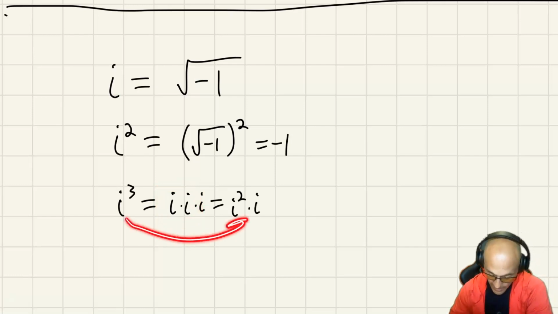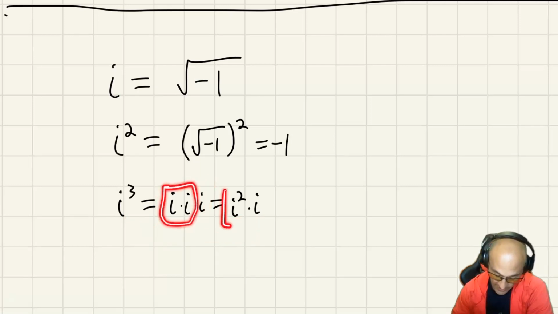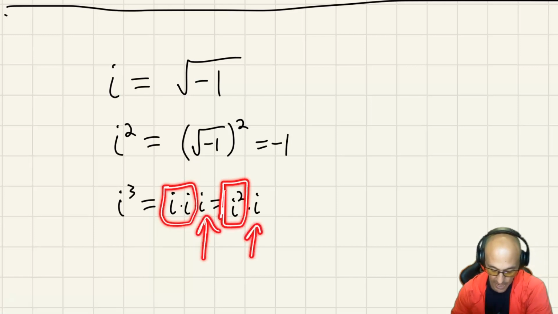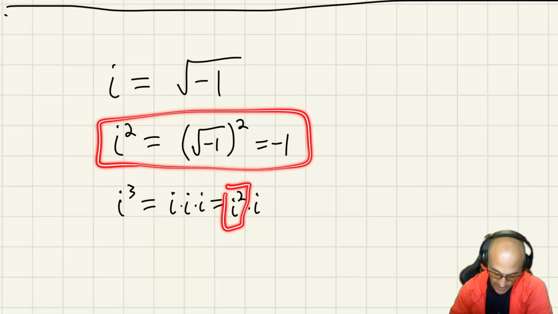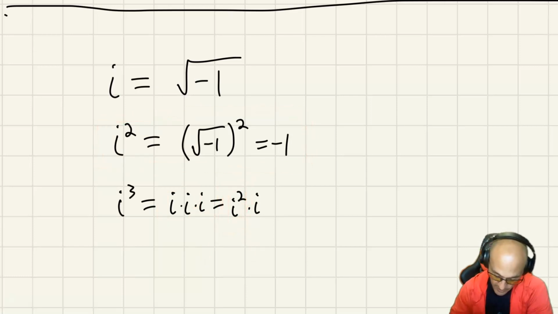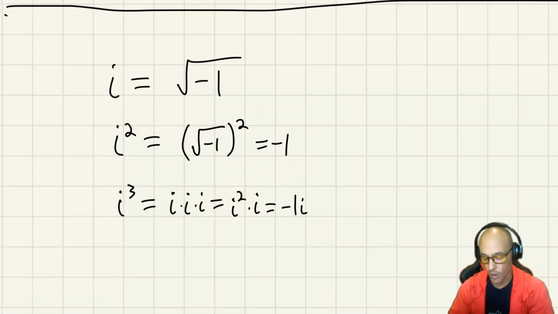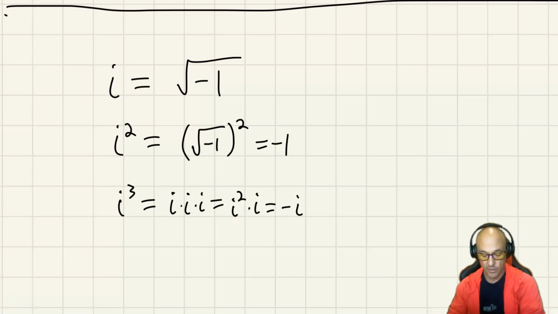Usually I just talk about this step, but today I was thinking, if we think about i cubed being this, then it's easier to see where this i squared is coming from. But then we still have times i. But we just said up here that i squared equals negative 1. So this equals negative 1 times i. But I don't need to say negative 1i, I can just say negative i, and that's the same thing. So i cubed equals negative i.